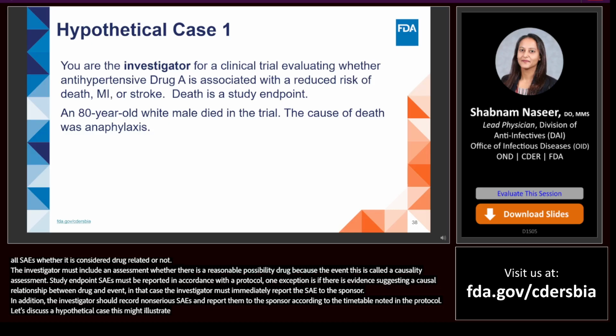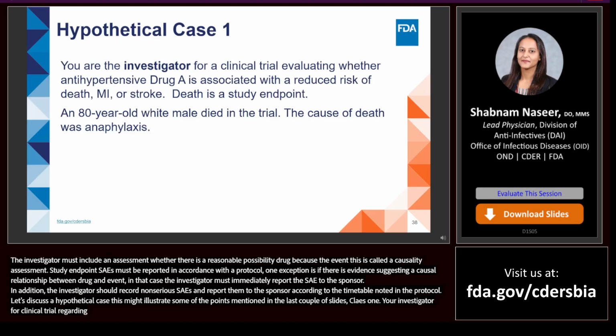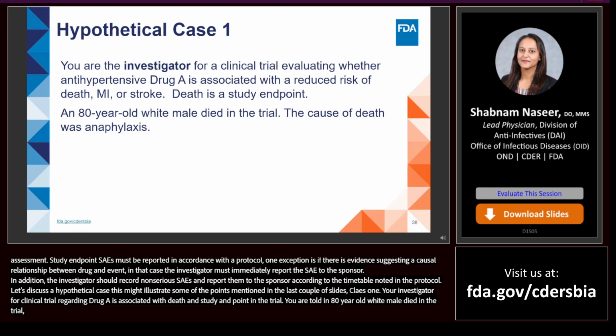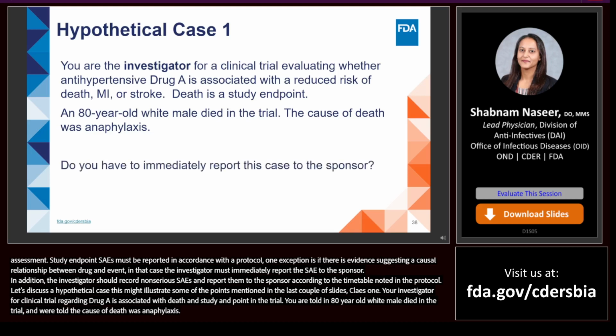You're an investigator for a clinical trial evaluating whether antihypertensive drug A is associated with a reduced risk of death, MI, or stroke, and death is a study endpoint in the trial. You're told that an 80-year-old white male just died in the trial, and we're also told the cause of death was anaphylaxis. So the question is, do you have to immediately report this case to the sponsor?